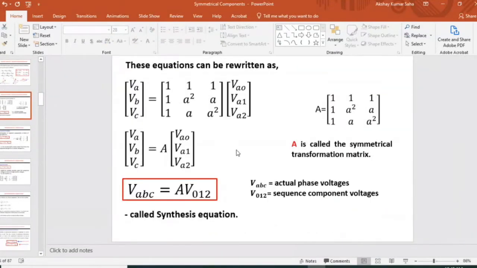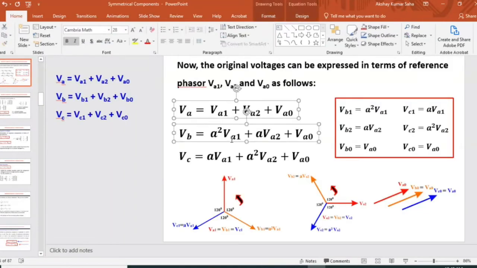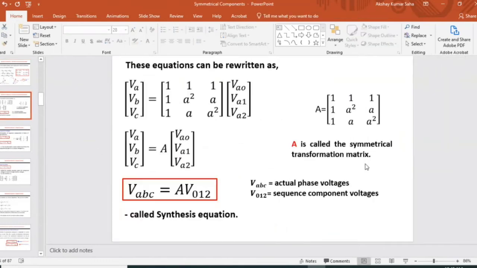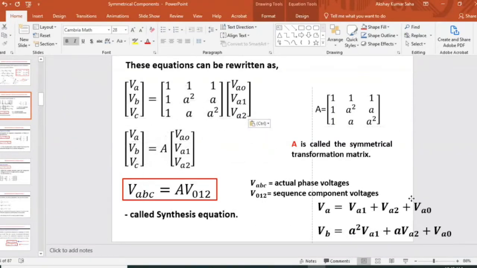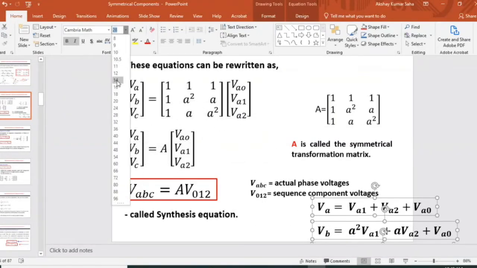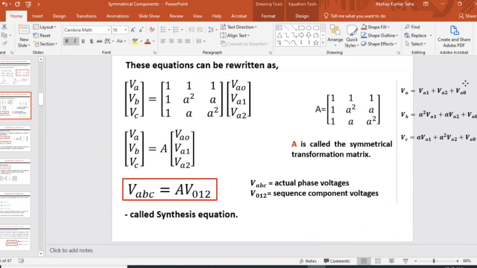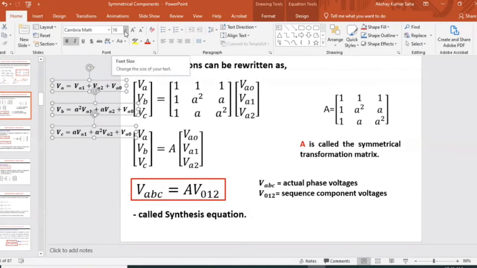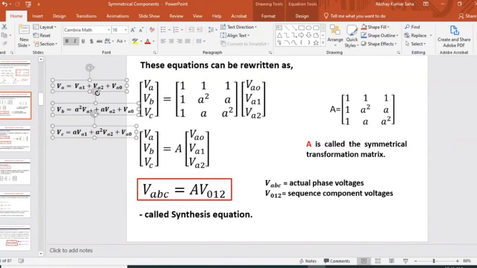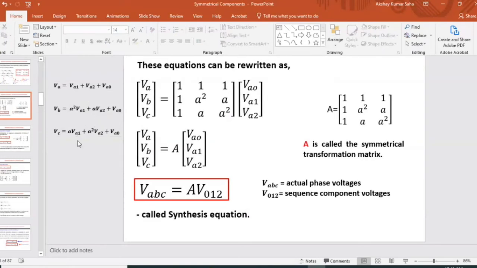In the next step, we are taking these three equations from the previous slide and putting them in matrix form.